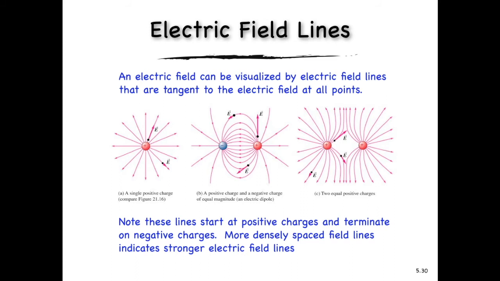For a positive point charge, they're going to point outwards at every point. And so what this means is that at any point, let's say a little dot there, a positive test charge will feel a force in the direction of this line. So radially outwards. At this point up here, it will feel a force that's also radially outwards.